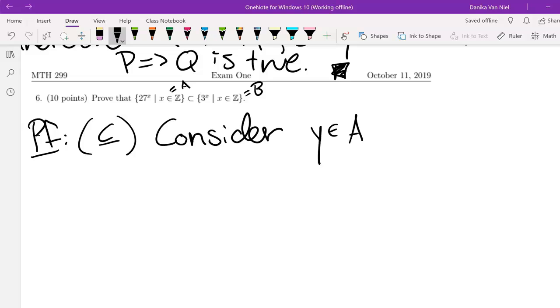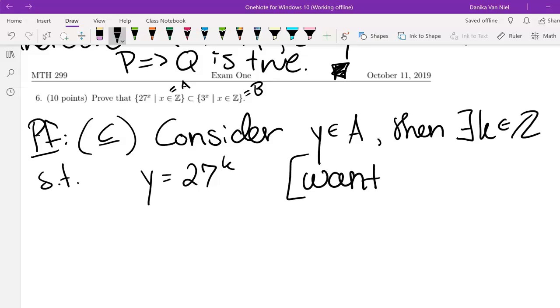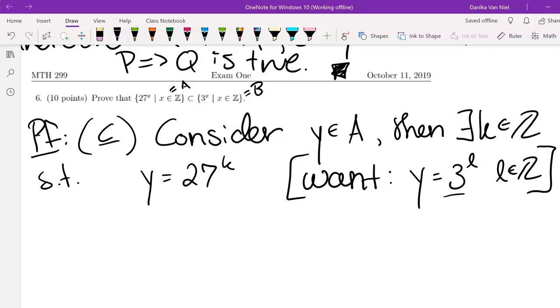Okay? So consider some element Y in A. Then there exists, let's say, a K in the integers such that Y equals 27 to the K. Okay? So now what do I want? I want to show that Y equals 3 to the L for some L in the integers. Well, how can I change 27 to some exponent into 3 to some exponent?